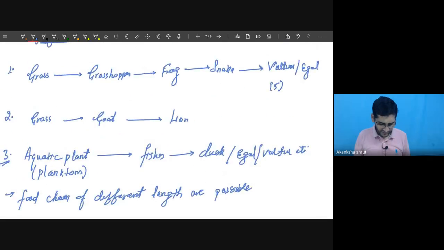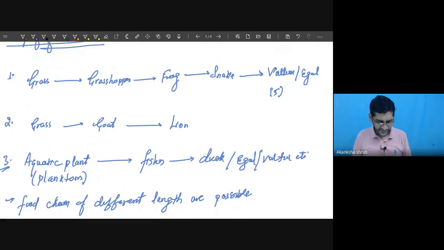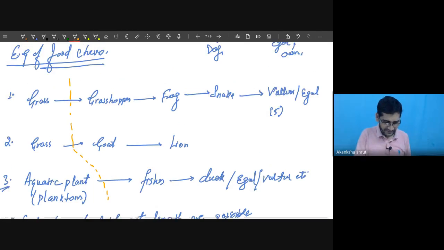Also, what are we getting in all this? We are getting that the very first one in all cases is, which category is this? It is your producer category.